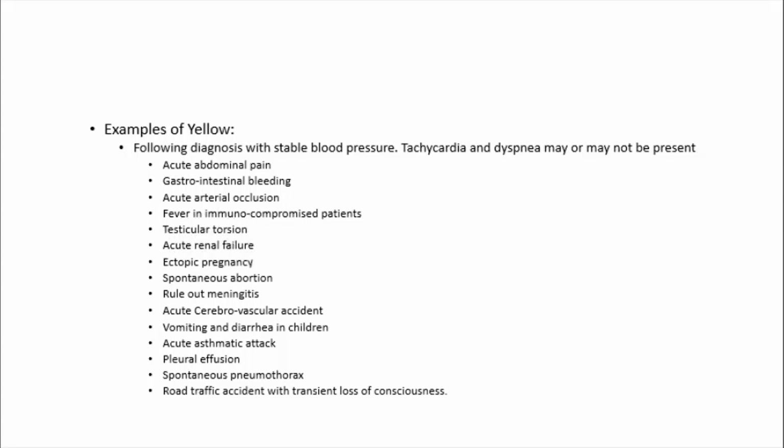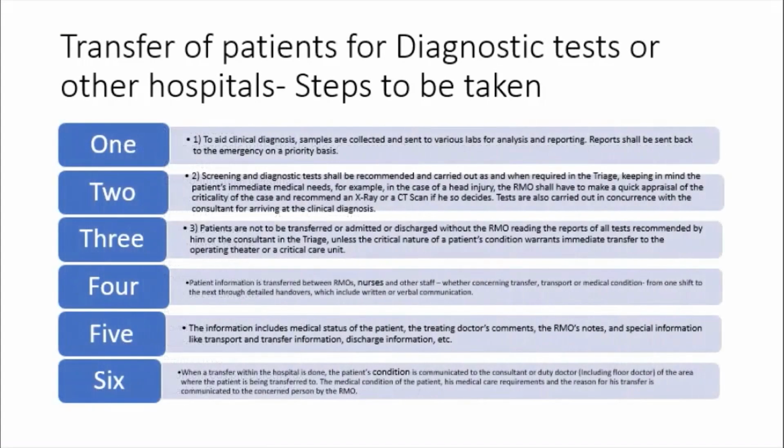Ectopic pregnancy. Spontaneous abortion. Rule out meningitis. Acute cerebrovascular accident. Vomiting and diarrhea in children. Acute asthmatic attack. Pleural effusion. Spontaneous pneumothorax. Road traffic accident with transient loss of consciousness.